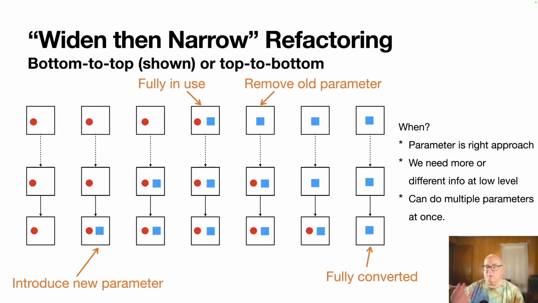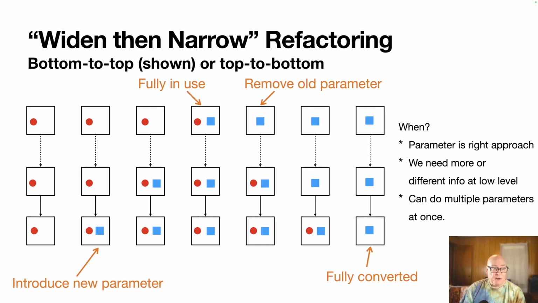Now you can do this with multiple parameters if you need to, and there are lots of variations and so on. And the other big thing is you can go bottom to top or top to bottom. Now we're doing bottom to top in our case. So on the left, we've got the old interface, everything's using it. And then we're going to introduce a new parameter.